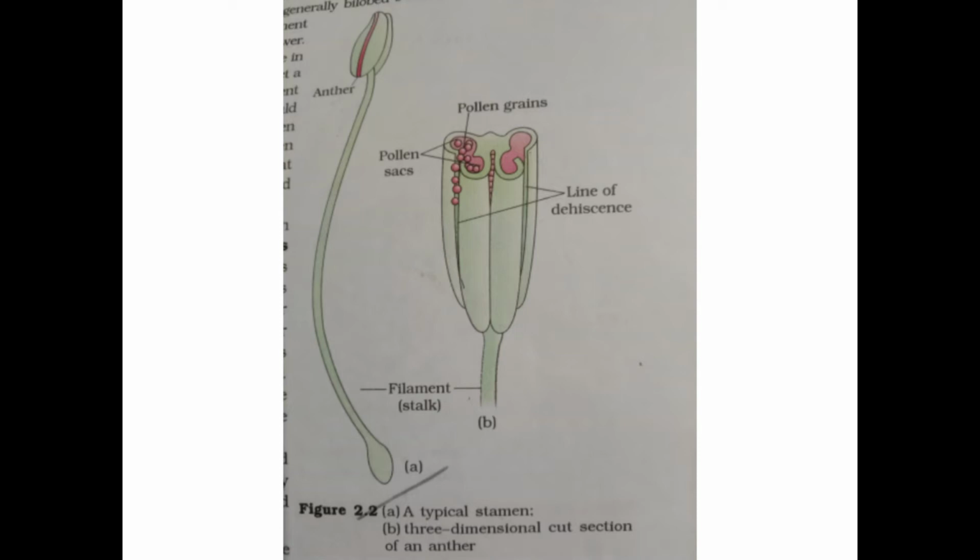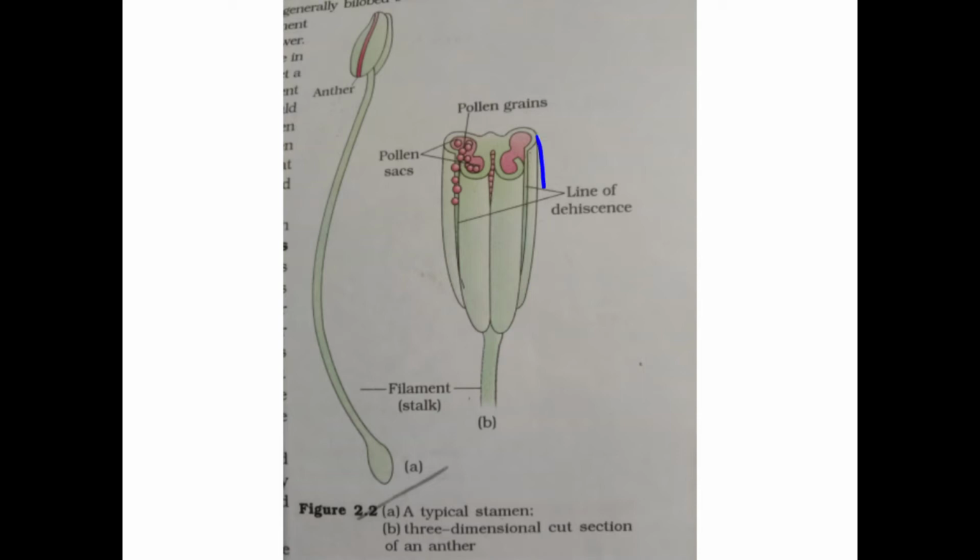Each anther is bilobed. You can see two lobes here. This is one lobe and this is another lobe, and each lobe will have two theca.